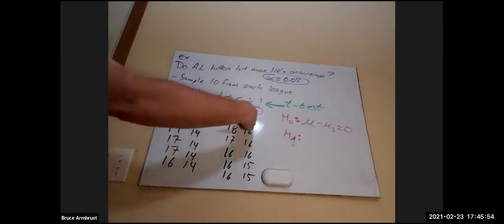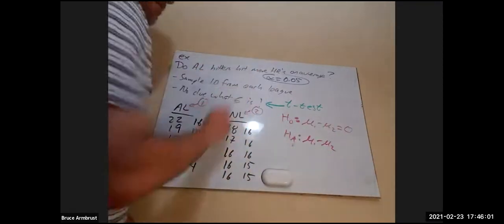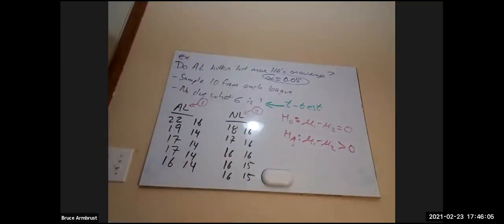A will be number 1 and L will be 2. Then we think that American League hitters hit more. So that means that mu1 is greater than mu2. So mu1 minus mu2 is greater than 0. All right. There you go. Let's see what this has to say.